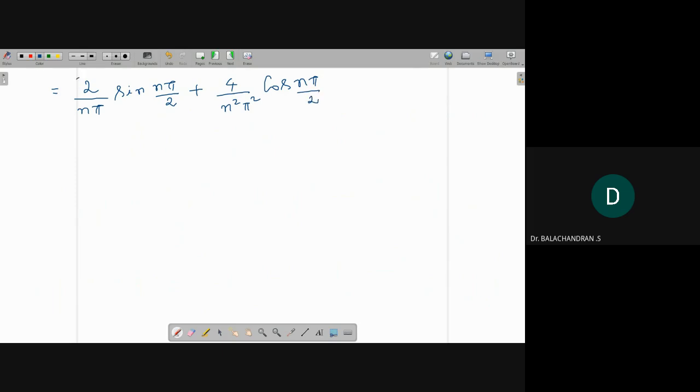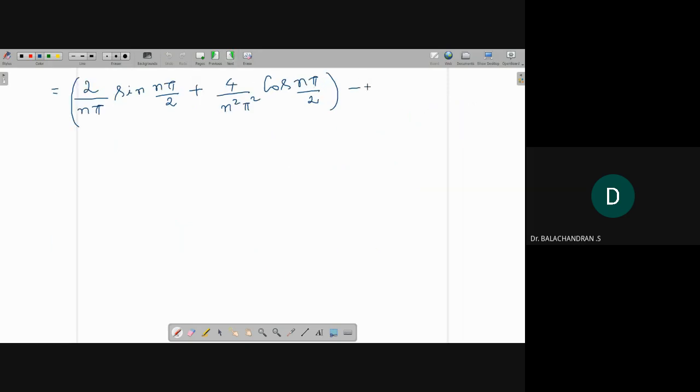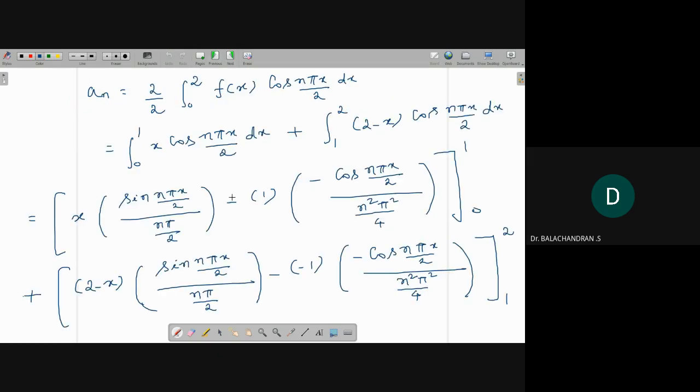So upper limit is over, minus lower limit. When x is equal to 0, here lower limit is 0, plus, because minus of minus plus 4 by n square pi square, cos 0 is 1. So we have only 4 by n square pi square.